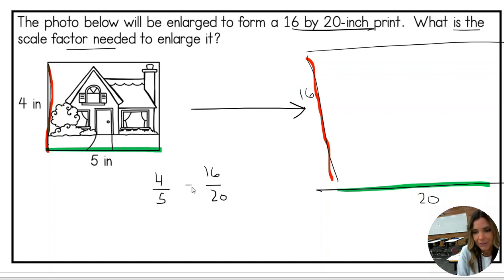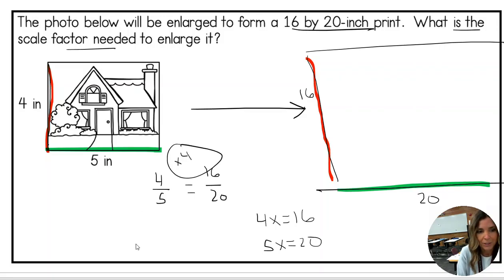So to find our scale factor, we're looking for what are we multiplying the 4 by to get to 16, what are we multiplying the 5 by to get to 20, and in both cases, we know that that is 4. 4 is our scale factor.